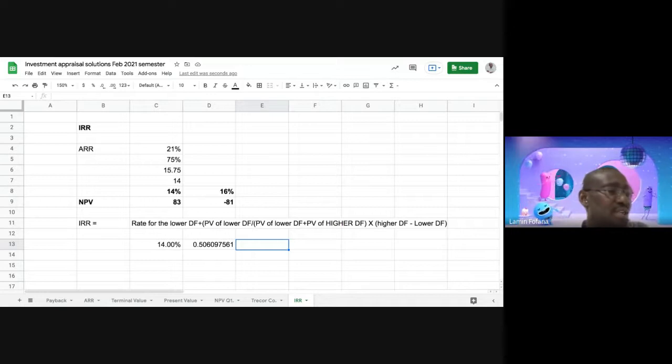That's the difference between the higher DF and the lower DF. The higher DF is 16 and the lower DF is 14. So that's 16 minus 14.